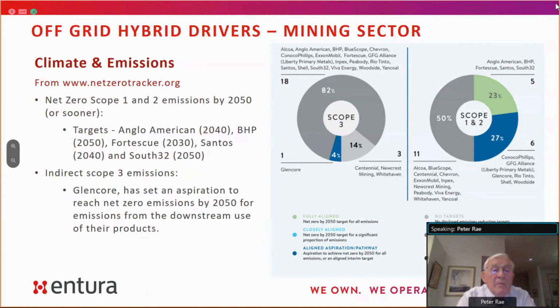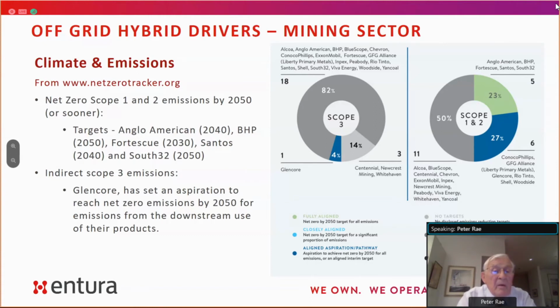Off-grid hybrid drivers in the mining sector. The mining sector has become much more conscious of the need to comply with what is now universally accepted, which is that we must reduce carbon.